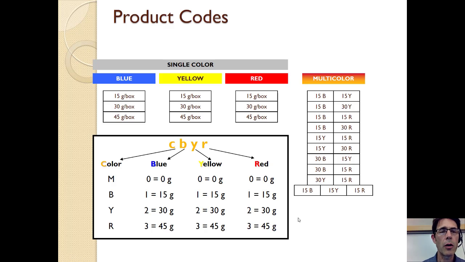Okay, there's a code for the products. It's a four character code. The first character is a letter indicating the color, either multicolor, blue, yellow, or red, followed by three digits. The first digit is the amount of blue, the second digit is the amount of yellow, the third digit is the amount of red. And 1 stands for 15 grams, 2 for 30, and 3 for 45.